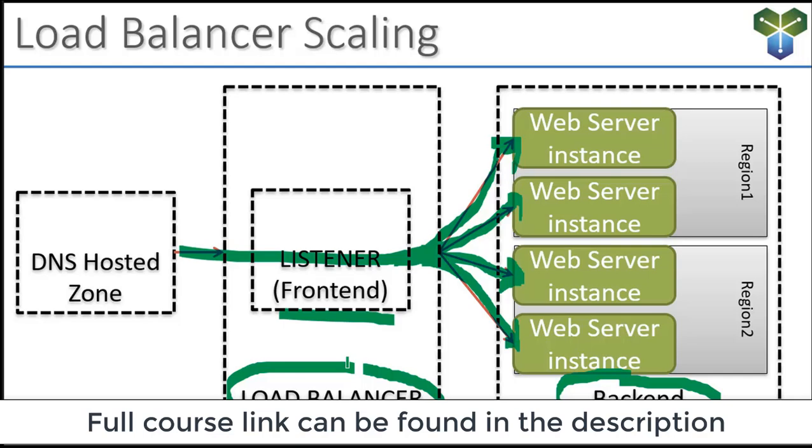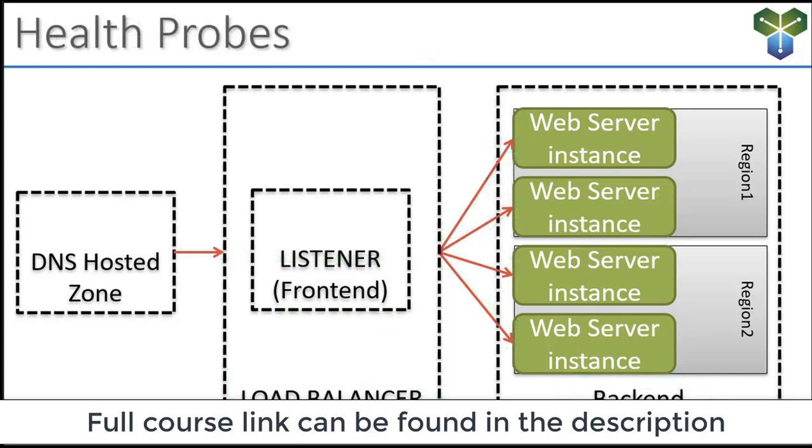Now, probably the most important part of all of these configurations is our health probes. So the load balancer is going to be regularly and frequently sending traffic to all of the systems on the back end. It's going to send out these health probes that mimic the traffic that should be going to the back end.